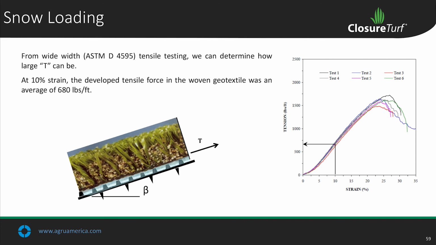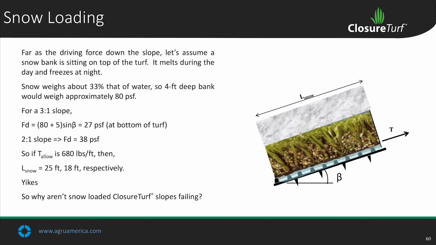Now, as far as driving forces down the slope, let's assume a snowbank is sitting on top of the turf. Melts during the day, freezes at night. Snow weighs about a third of that of water, so a 4-foot deep bank would place about 80 pounds per square foot on the, say, the turf ice interface. So for a 3-to-1 slope, the driving force would be 27 pounds per square foot at the bottom of the turf sitting on the ice.